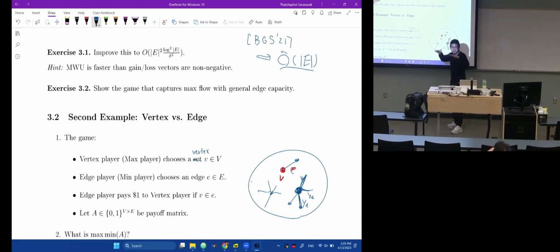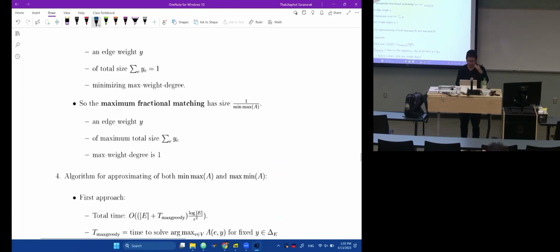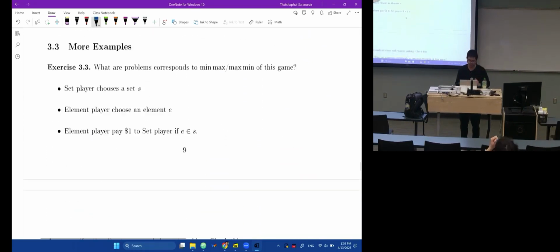That max degree should be smallest. And I let you check that this is the fractional version, just the same problem as a maximum matching. But I will need to skip. You can check, I just put the whole thing here.